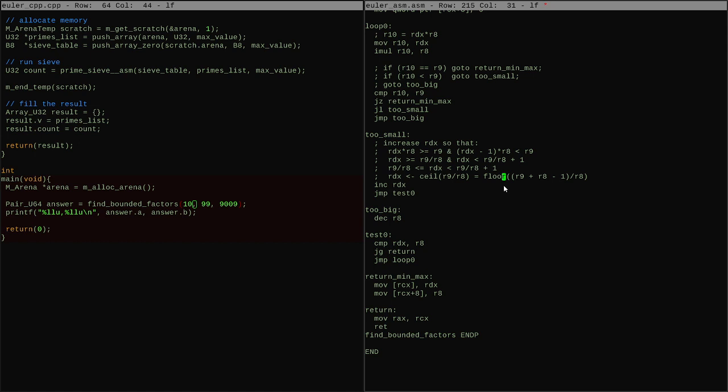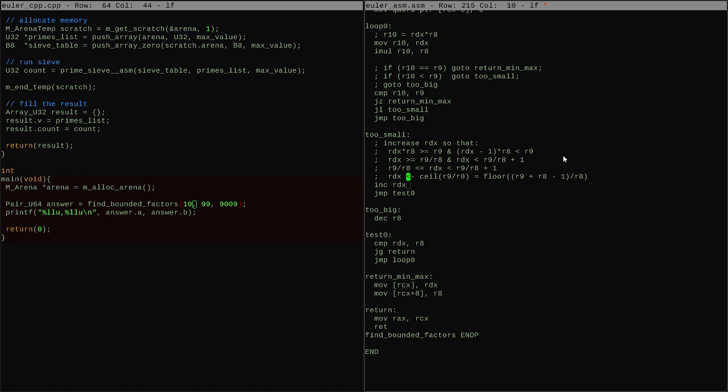I'm pretty sure that's true. So suppose R8 is 1, then this just gives you the same thing always. If R8 is 2, then we're adding 1 to it. So if it's already an integer, yeah, this works.